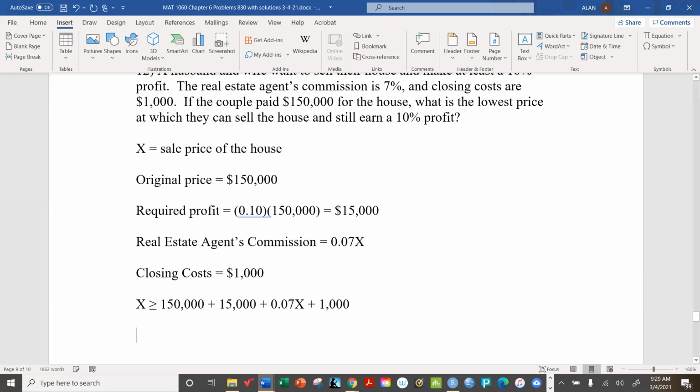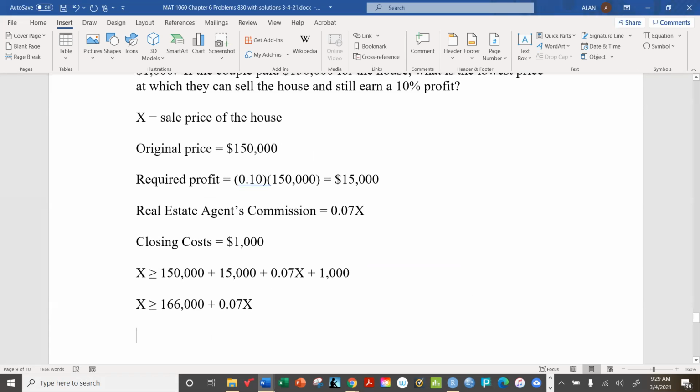All right, so X is got to be at least, now if we add the constants together, you'll see that that's 166,000. Okay, plus that 7% of X. Now let's subtract that from both sides. And you'll see that 0.93X is greater than or equal to 166,000.